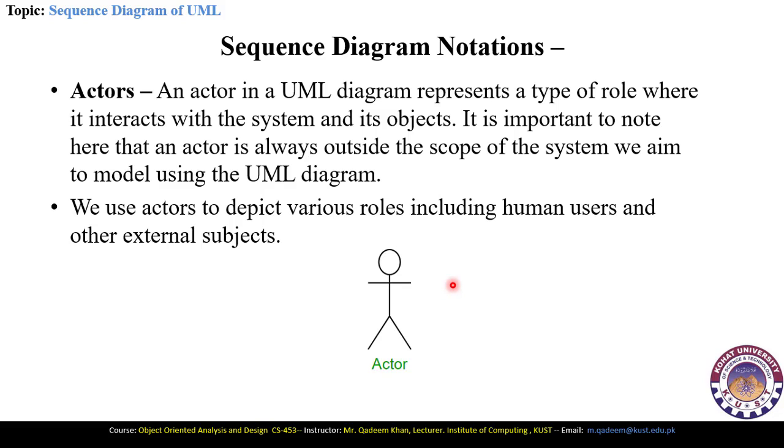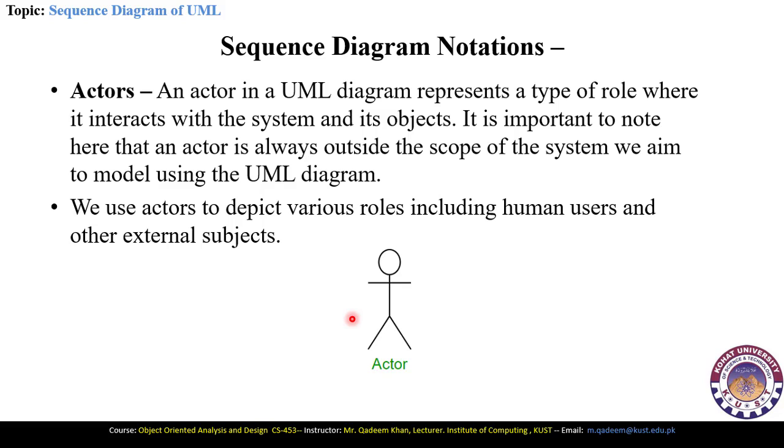So as the classes will be defined in the UML diagrams, their details will not be provided. That means there will be no coding here. So we use the actors to show that the various roles, including human users or other external subjects, are defined through the actors. It means that actors may be human users, like for example a student is the actor of the KCMS, but it can also be external objects.